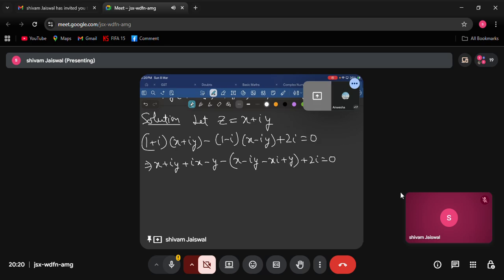Square minus, I guess, it will be minus. Yes, now it is correct. Plus iota square is minus 1 y. Just check.